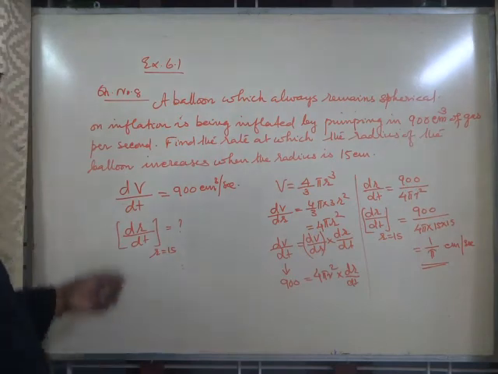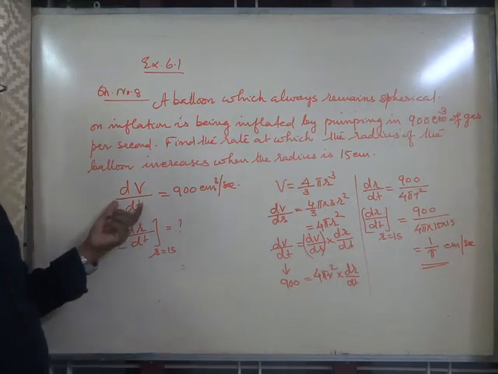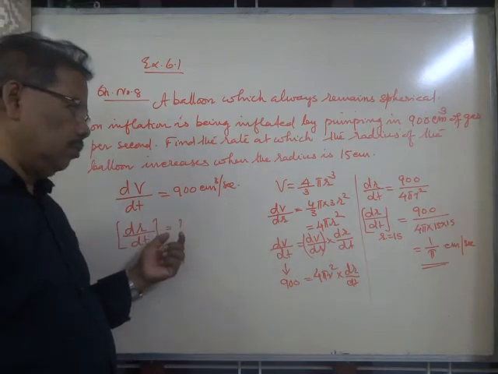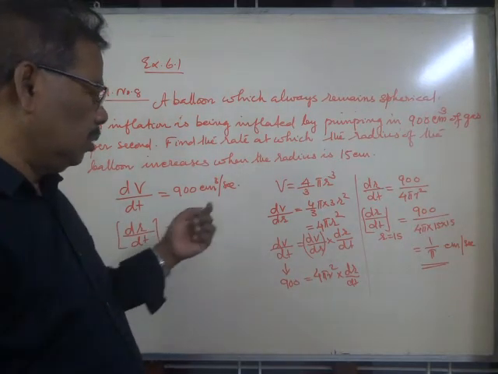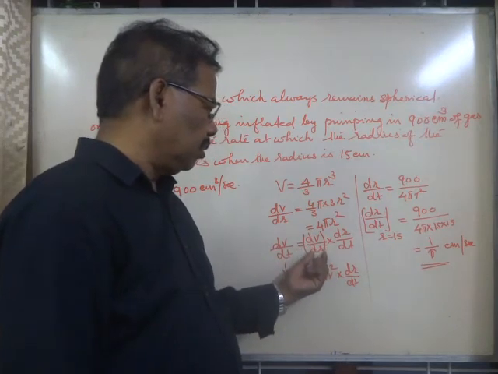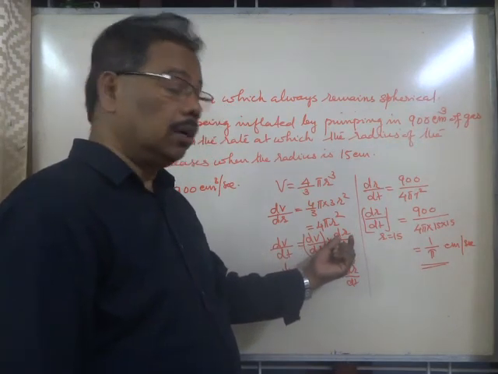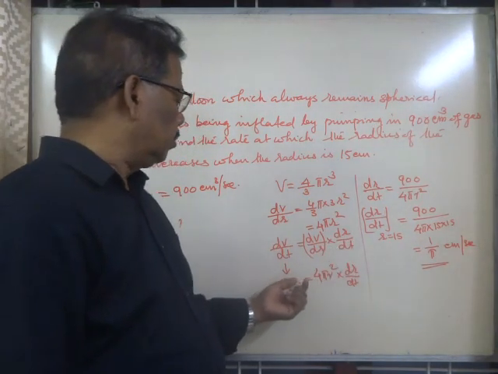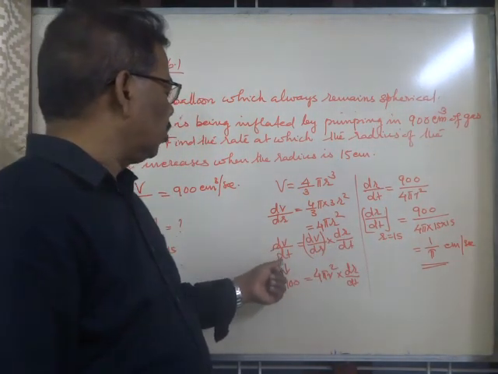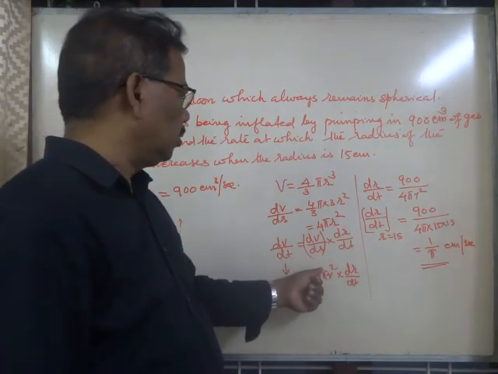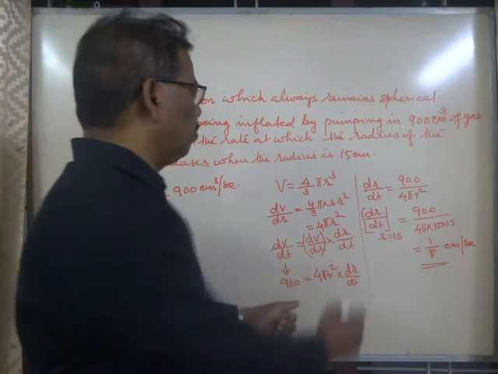Once again, you are given derivative of volume with respect to time. Derivative of volume with respect to time is derivative of volume with respect to radius multiplied by derivative of radius with respect to time. Substituted for dV by dt, that is 900. Then dV by dr is calculated to be 4 pi r square.